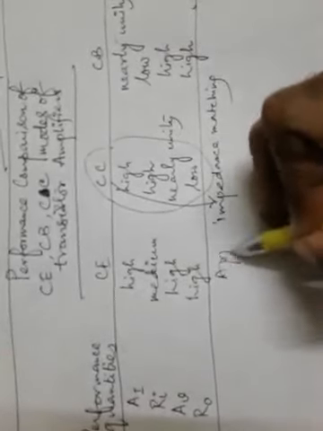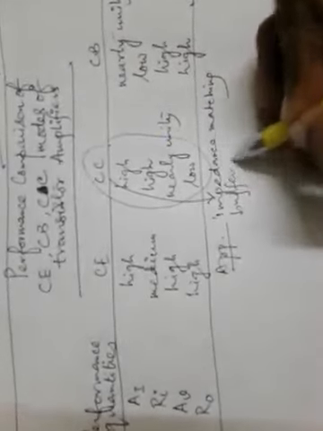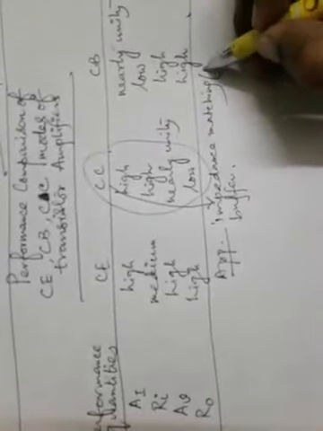Another application is that it can be used as a buffer stage. Impedance matching, because RI high and RO low is a useful combination for it. And why should it be used as a buffer stage between two cascaded stages of amplification?